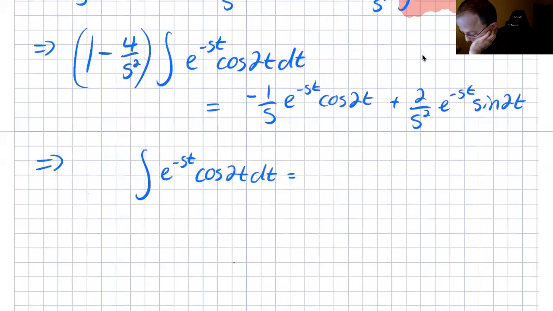Okay, let me do this in a couple steps. So this will be s squared minus 4 over s squared.